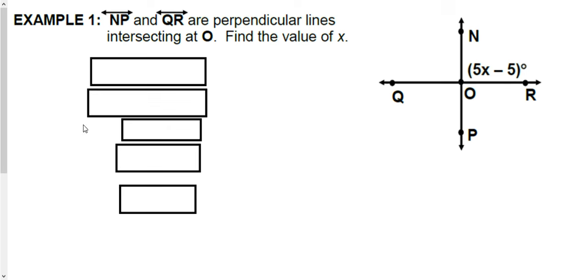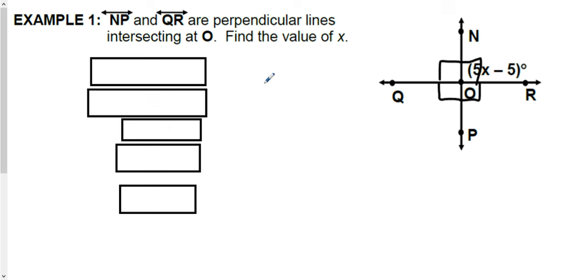Look at example 1. Lines NP and QR are perpendicular lines. So the first thing I do when I see that is I mark at least one of the angles to let me know that it's a right angle. You can mark this one here or this one over here. They're all right angles. 90, 90, 90, 90.